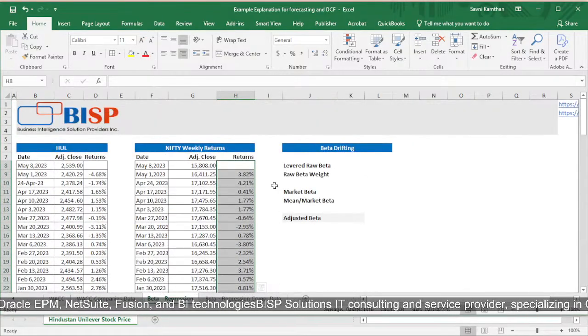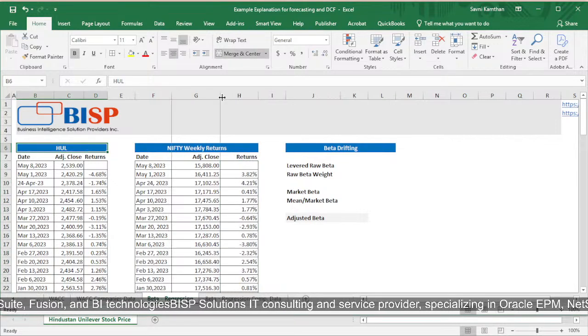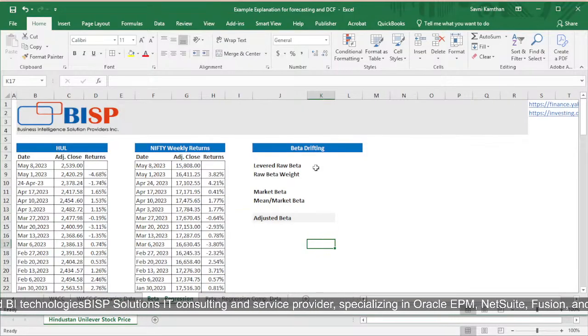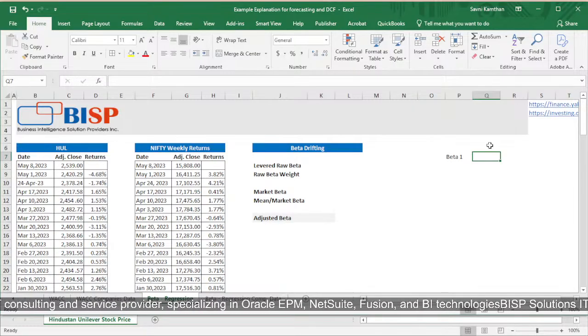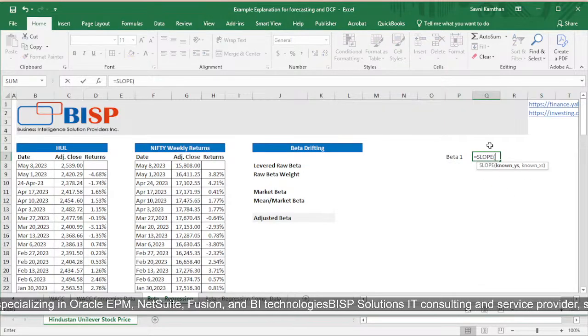So this is our HUL's data, this is our Nifty 50 data, weekly returns, and now the main part is our beta calculation. First, how we can calculate our beta. We can do it by taking the function as slope.